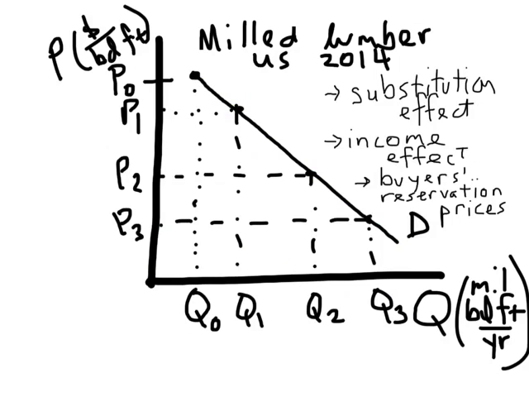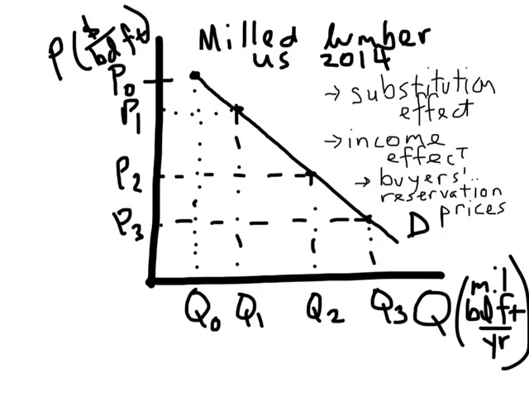Well, if I'm not going to buy a board foot of lumber if it's anything more than $10, then if the price is 11, I'm out of the market. But if the price falls to 9, okay, well, I'm looking to buy some lumber. If the price falls to $8 per board foot, well, then other buyers are in as well. So as price falls, more buyers are in the market because the price comes to be lower than their reservation prices. As the price rises, the opposite is true. People leave the market. So all these effects lead to this downward sloping demand curve.